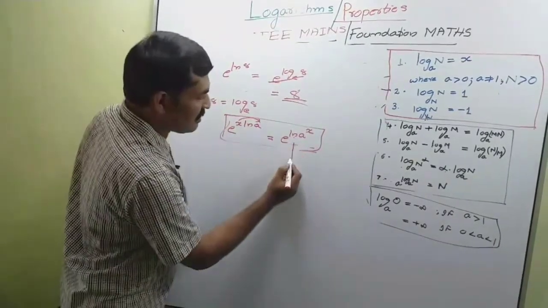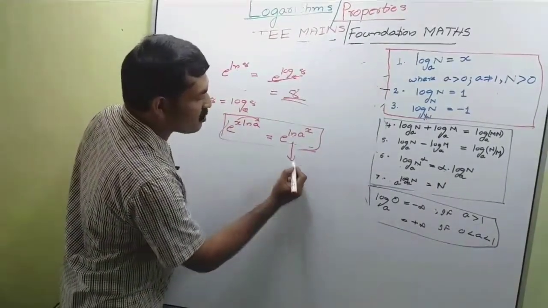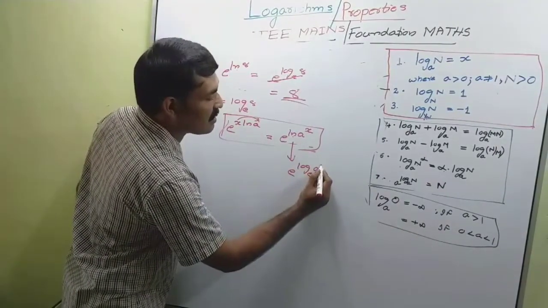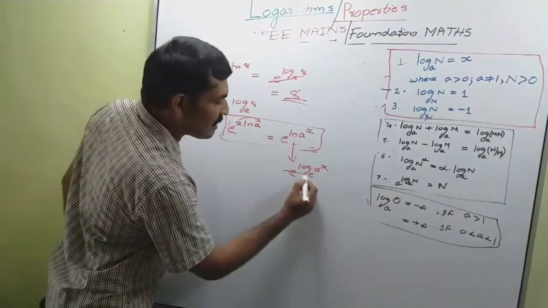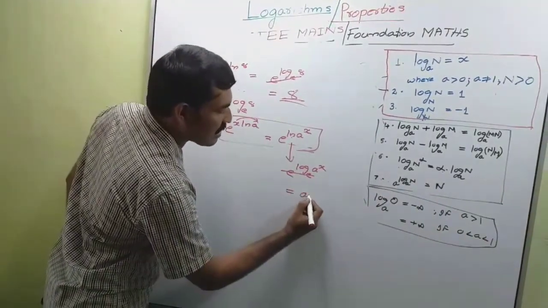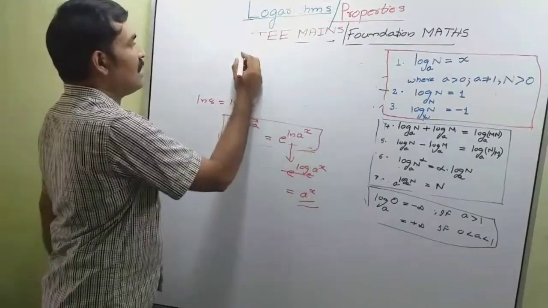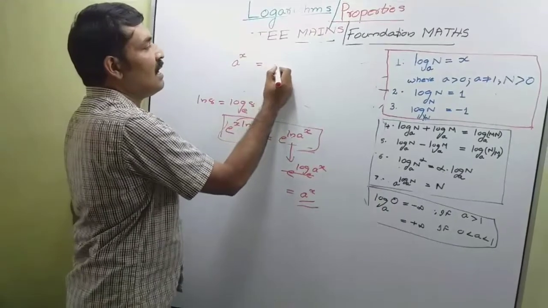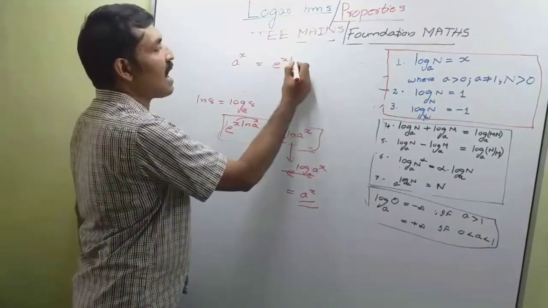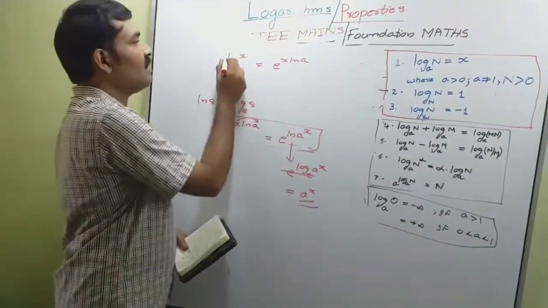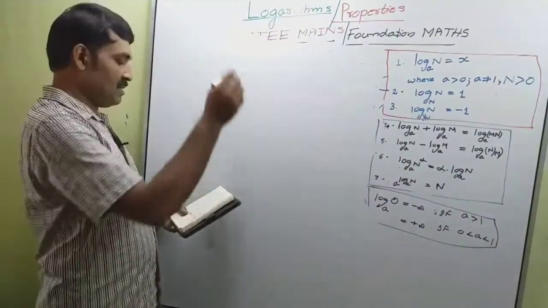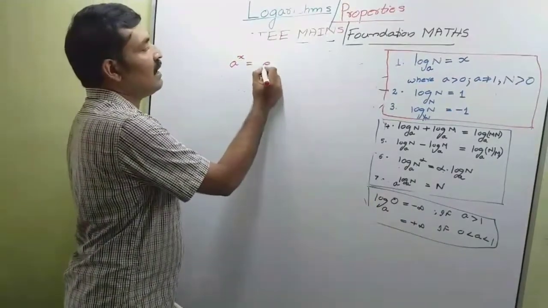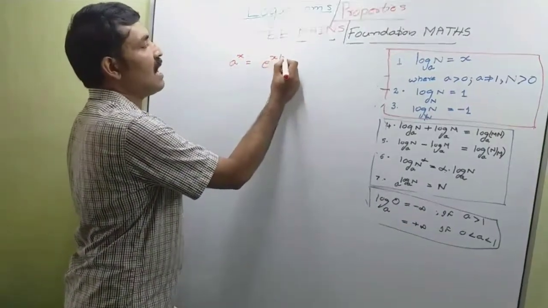So this can be written as e raised to ln, means log e a, raised to x. So e and e get cancelled. This is equal to a raised to x. That means a raised to x can be written as e raised to x ln a. This is a very important identity. It means a raised to x is equal to e raised to x ln a.